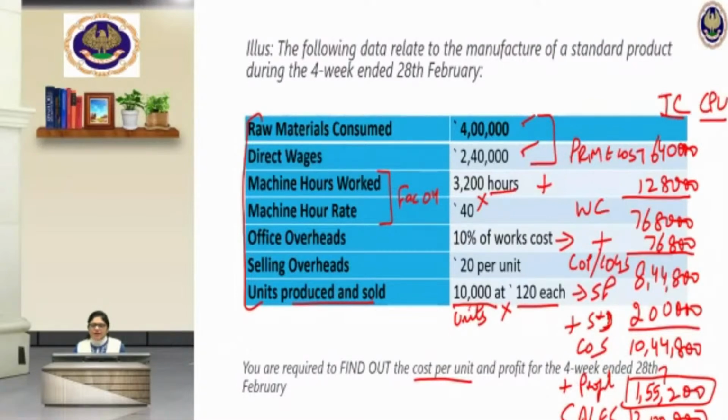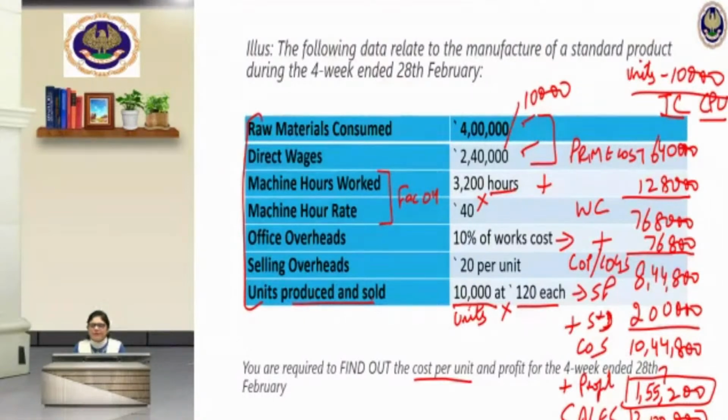Now you have calculated the profit. You have to calculate the cost per unit. Students, you have to calculate the cost per unit for every element of cost. 4 lakh is the raw material cost. Divide everything by 10,000. For cost per unit, units are 10,000. On the top of the sheet, you have to write 10,000 for every element of cost.